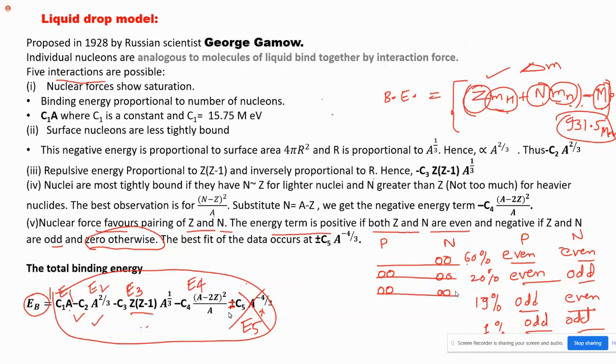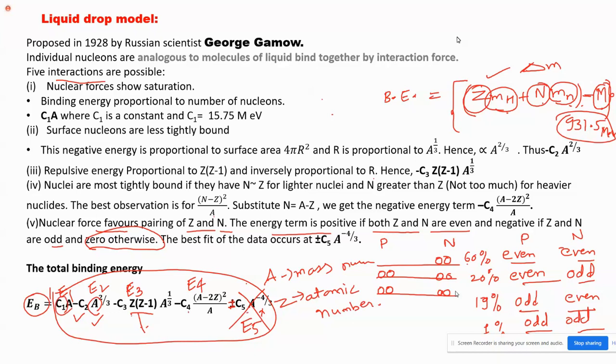The exact value of binding energy can be calculated by using this formula. So here again we need to know A, that is mass number, Z, that is atomic number, that is number of protons. That's all. And values of C1, C2, C3, C4 and C5.